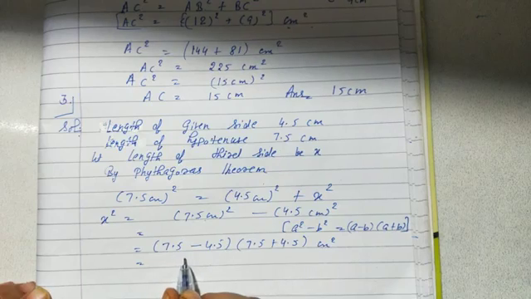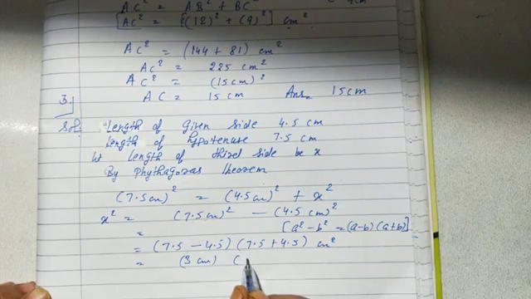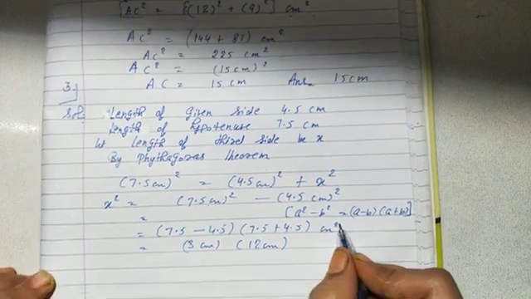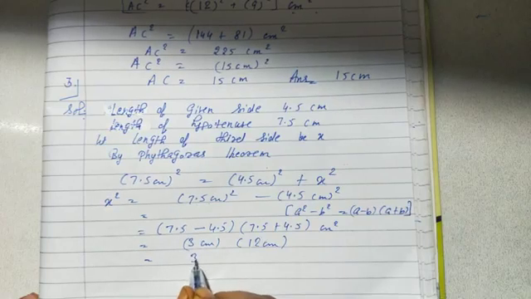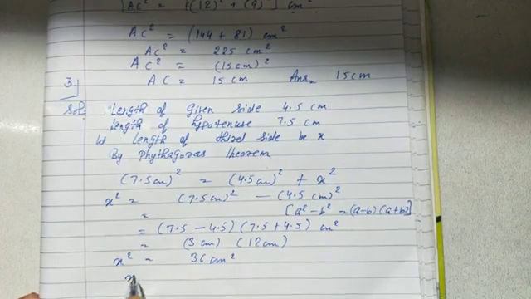Yes, we will get 3 centimeter into 12 centimeter, 36 centimeter square. X square is equal to 36 centimeter square.